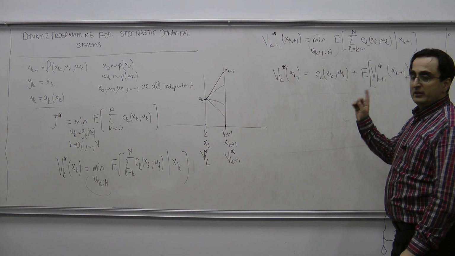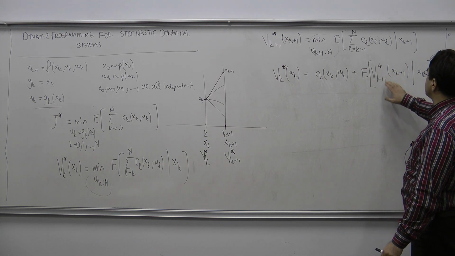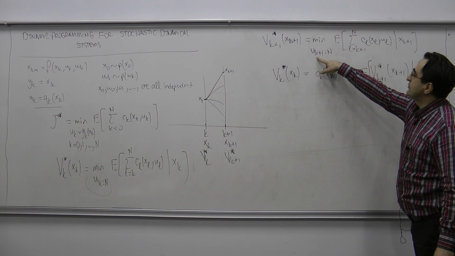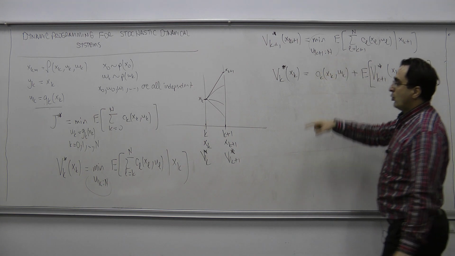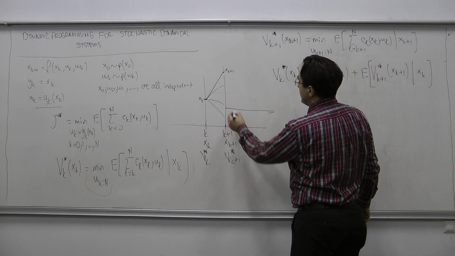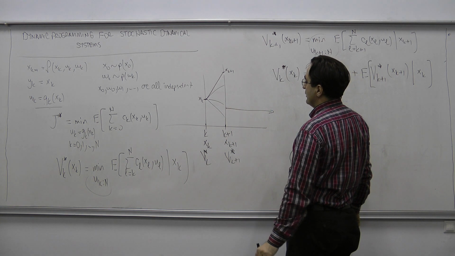There is only one thing missing here. In this vk plus 1 star, the optimization has been done with respect to uk plus 1 to n. Optimization has been done in vk plus 1 of xn for uk plus 1 until un.